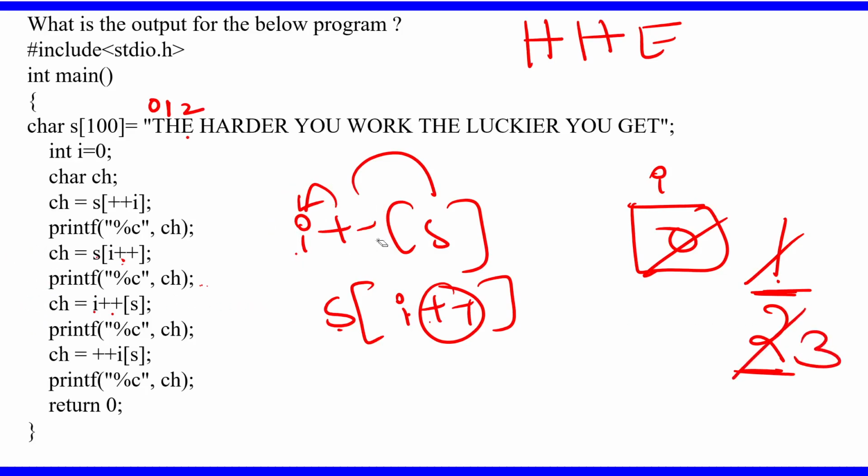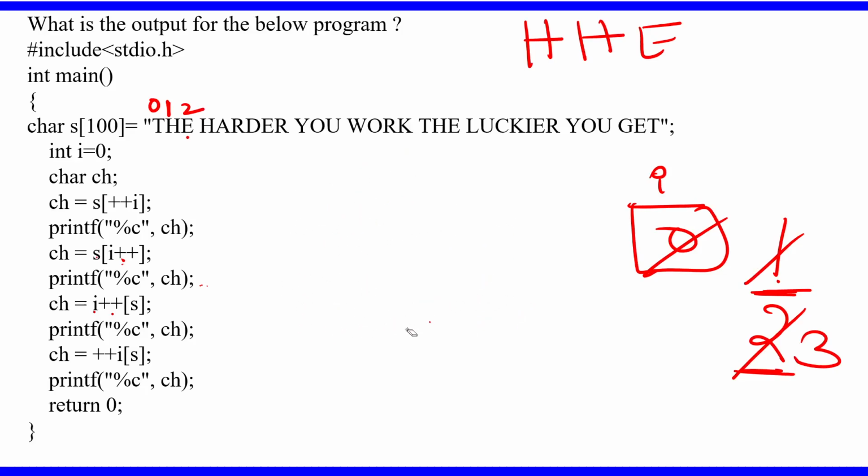I became 3. Now the last expression, you should be very careful here. See, ch equal to ++i of s. Can you tell me what will happen here? I value is 3 now. So what is the output of the final printf statement?